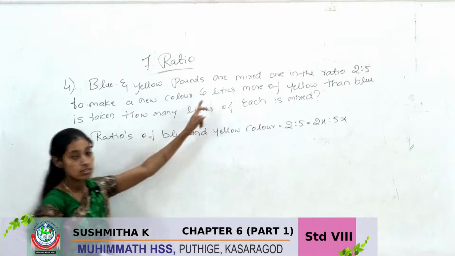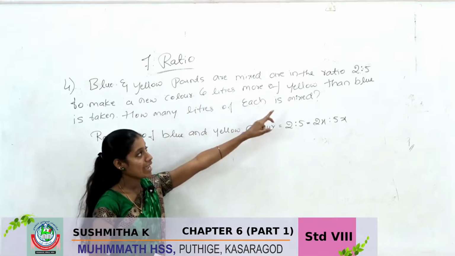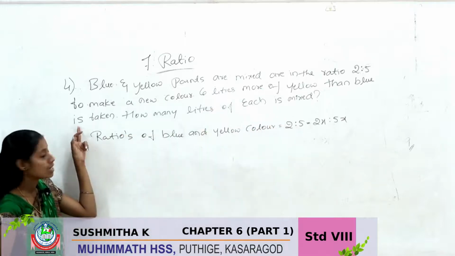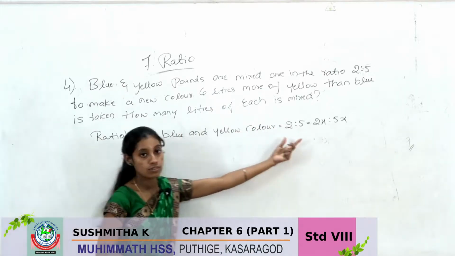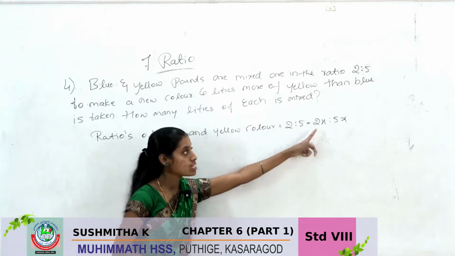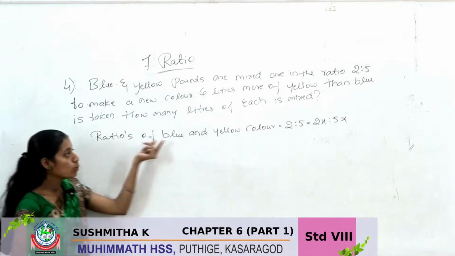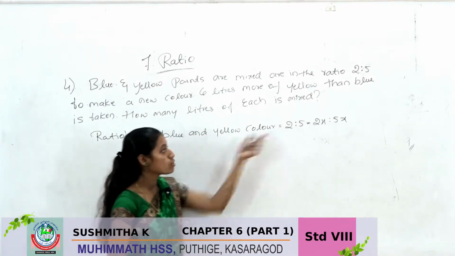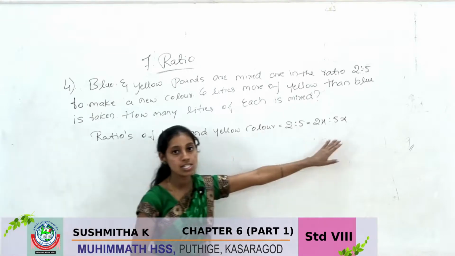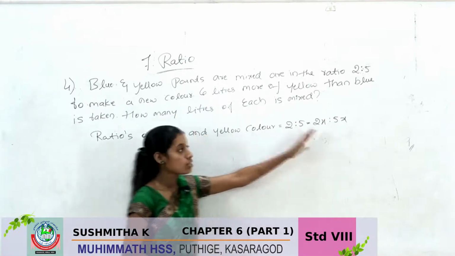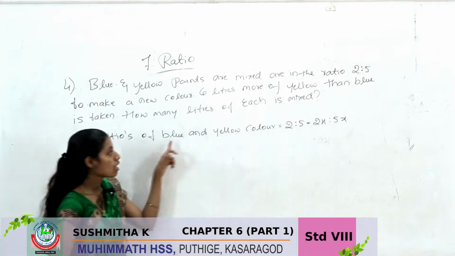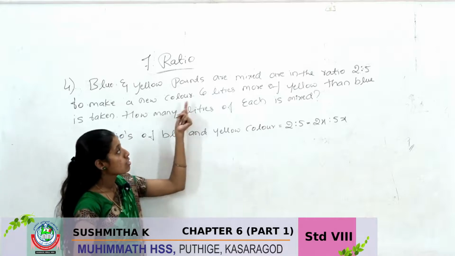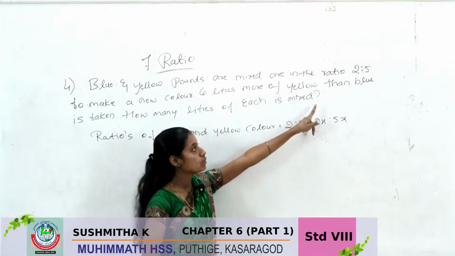So 2x is blue color and 5x is yellow color. 6 liters more of yellow color than blue.